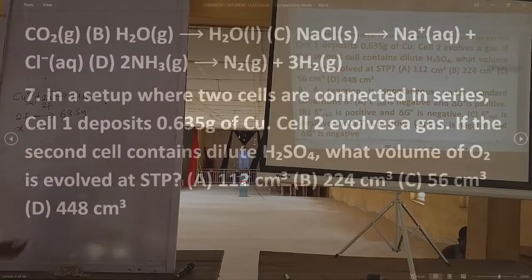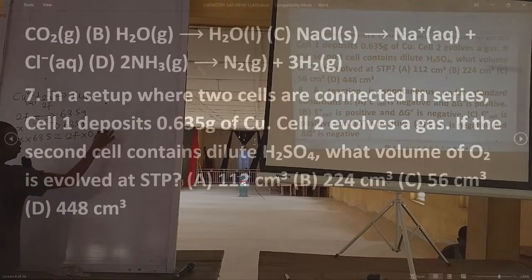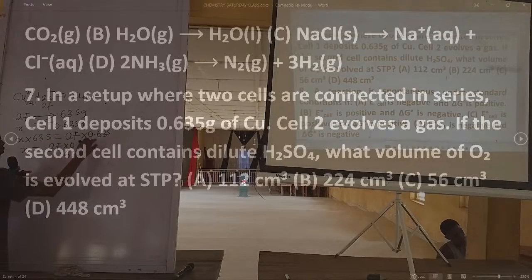We have been told that 0.635 gram was deposited. All we need to do now is cross multiply. If you cross multiply, this becomes x times 63.5 is equal to 2F times 0.635. If you make x your subject, x now becomes 2F times 0.635 divided by 63.5.